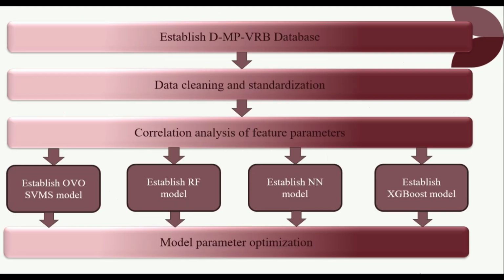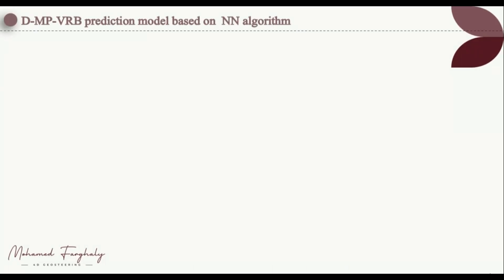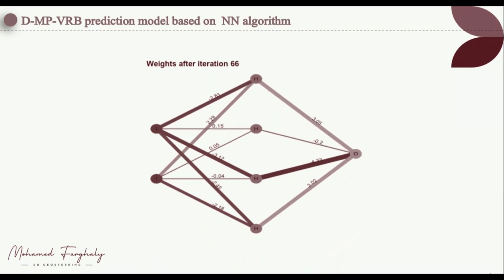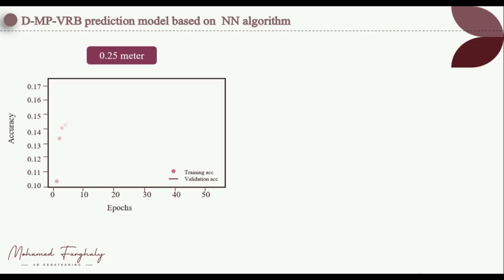The third one, prediction model based on NN algorithm. Using the sequential model, the DMP-VRB prediction model based on NN is constructed. Activation functions are selected based on the 4 target categories in the database. For 0.25 meter, the training set accuracy equals 16.11 and verification set accuracy equals 16.51.